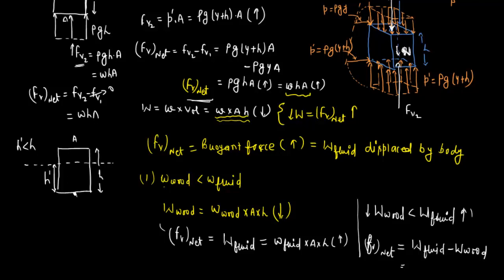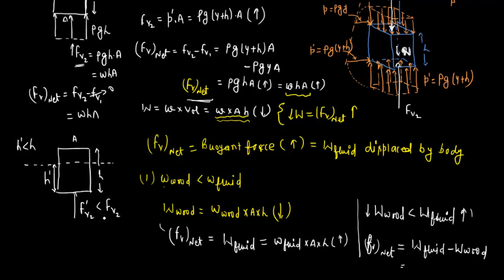So here FV2, which I'm calling FV2 dash, will definitely be less than the FV2 in our case when the top face of this wooden block is exactly at the free surface. Because the height of the block in the fluid is going to decrease, the pressure intensity at the bottom face of this wooden block is also going to decrease.